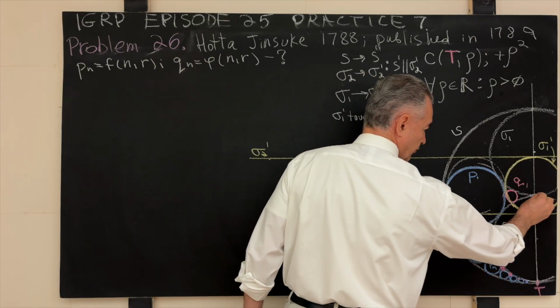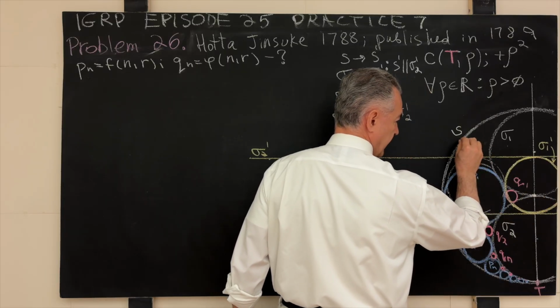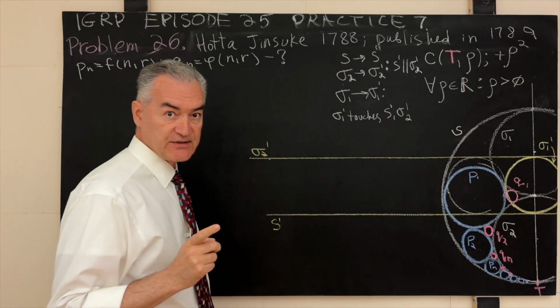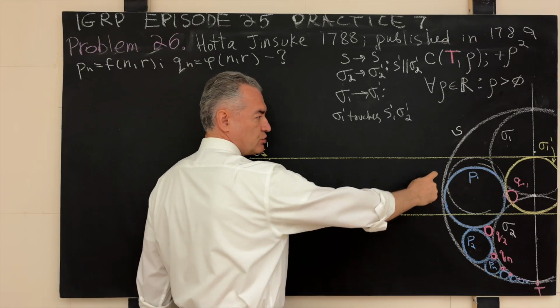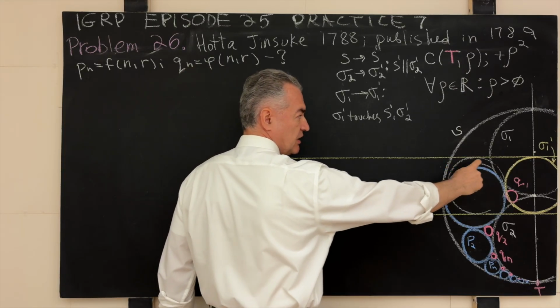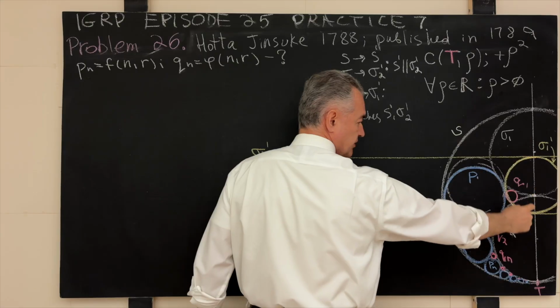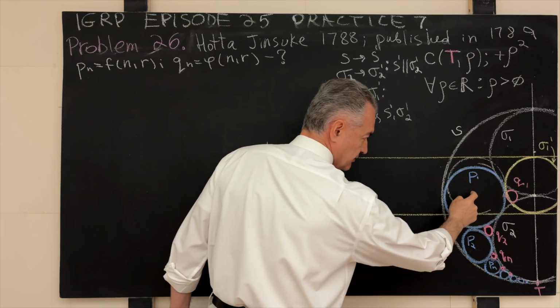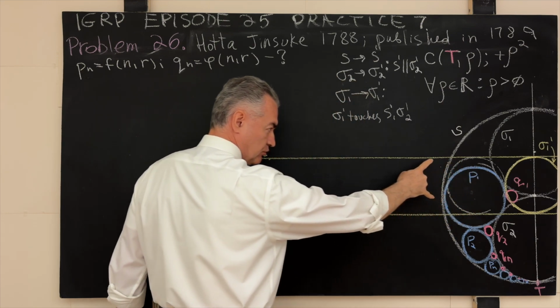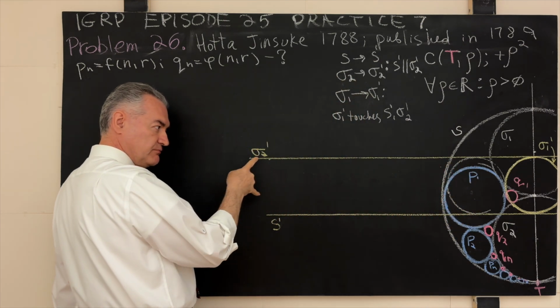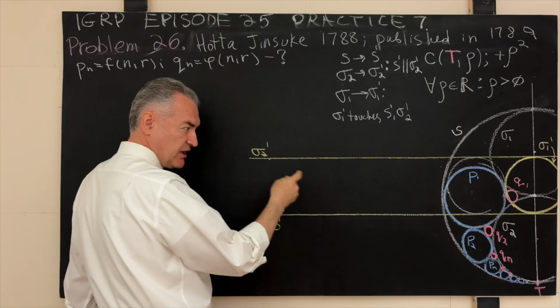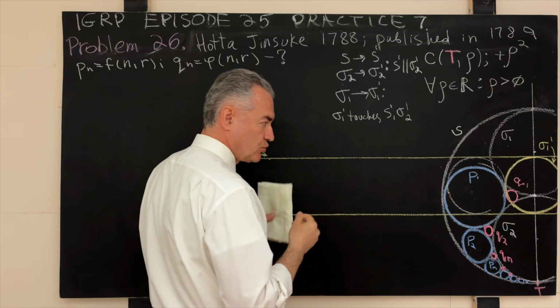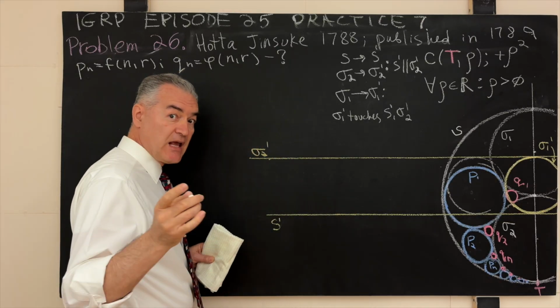If this is the center of inversion, why not take S to be the circle of inversion with positive power? Then the circle of inversion will be taken into itself. We will flip the circles sigma 1 and sigma 2 into two parallel straight lines. The entire family of blue circles also must be poured in between these two parallel straight lines, and so on. So maybe that also will lead you to victory.